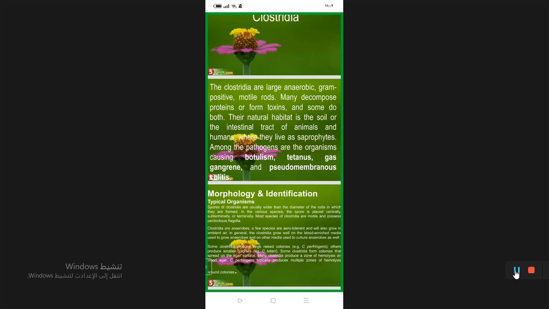The natural habitat of these bacteria includes soil and the intestinal tract of animals and humans, where they are present as saprophytes. Because of this, these bacteria are able to degrade a variety of proteins and ferment a variety of sugars.